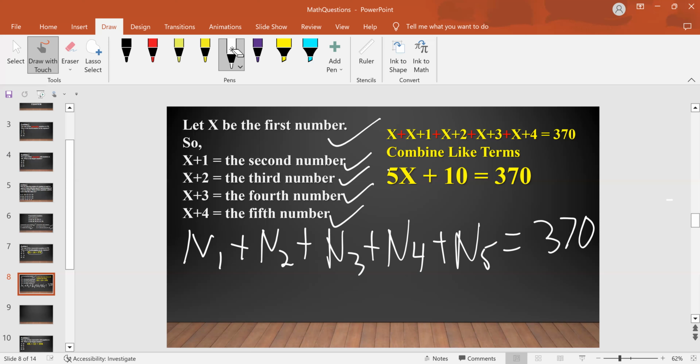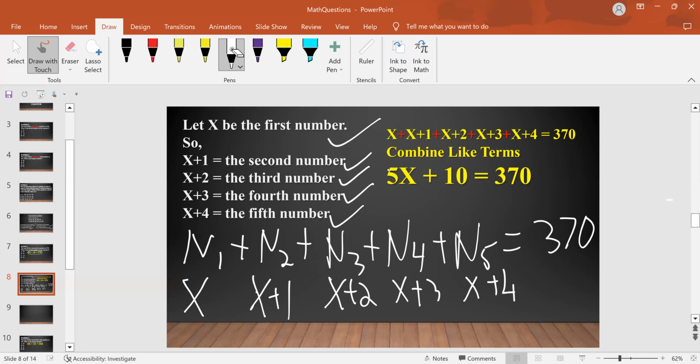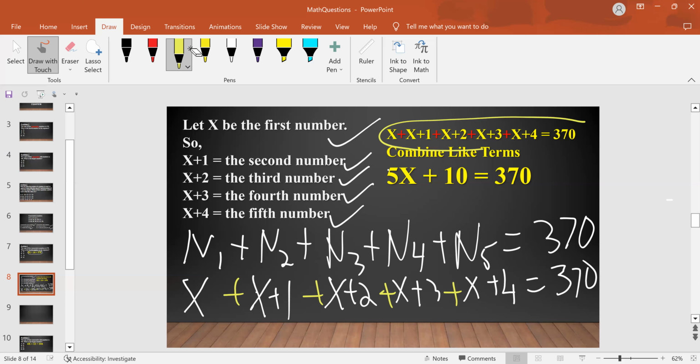And remember, we replace the first number by x, the second number we say x plus 1, the third number x plus 2, then x plus 3, and the last number x plus 4. That means this is 370 if we add all of them.